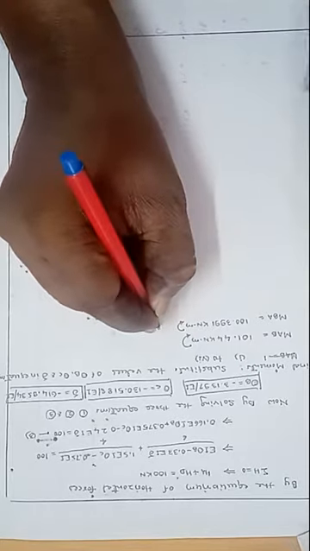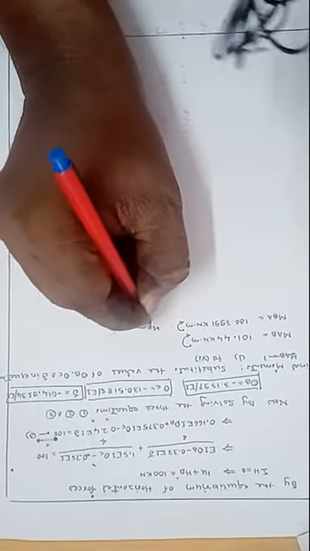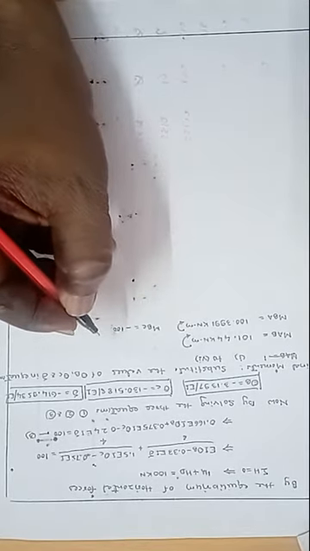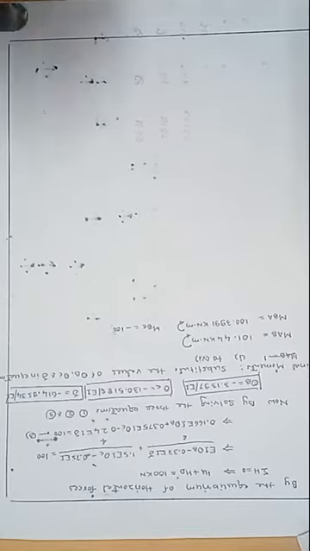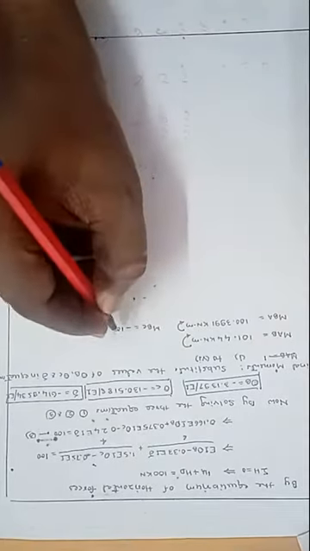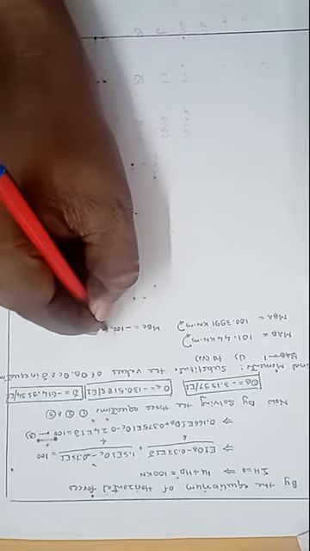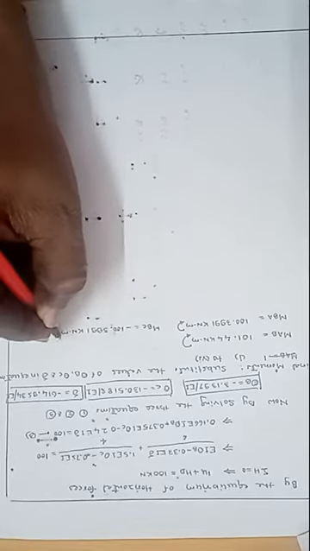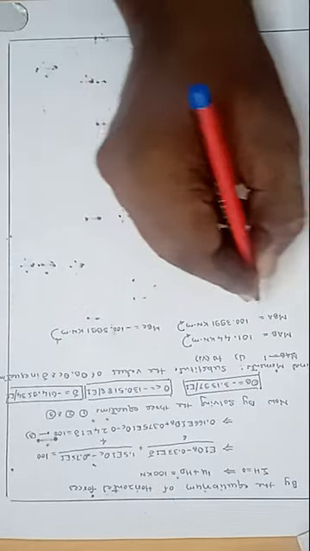Then MBC equals minus 100.3991 kilonewton meter. This one is minus, which means it is anti-clockwise.